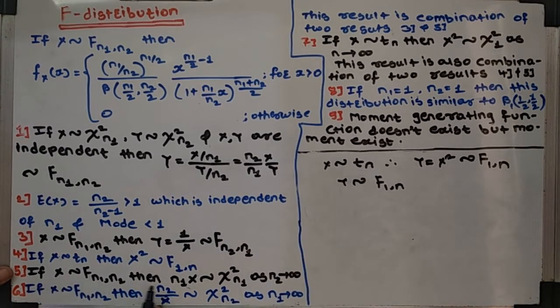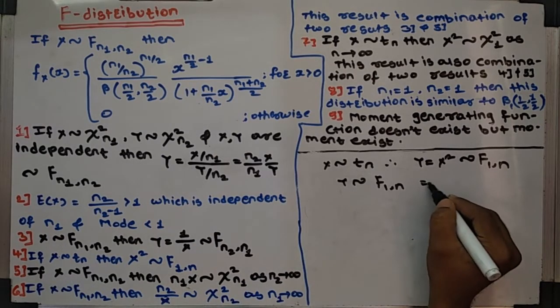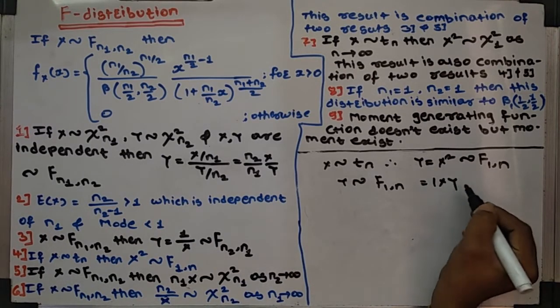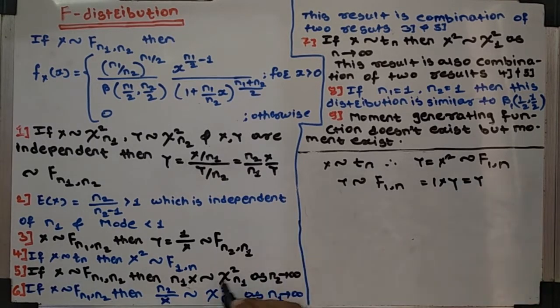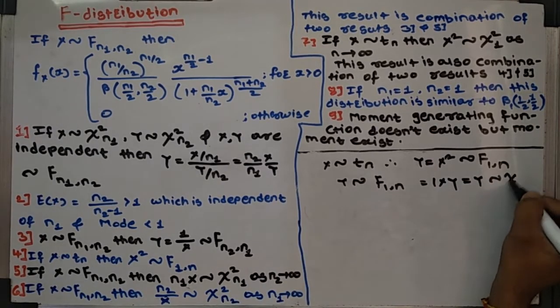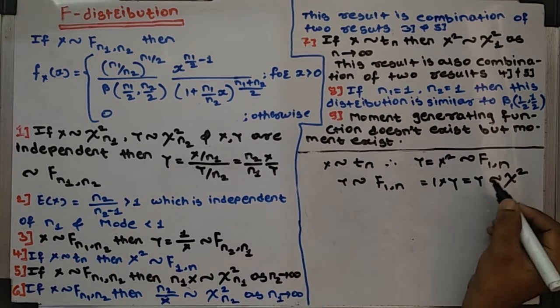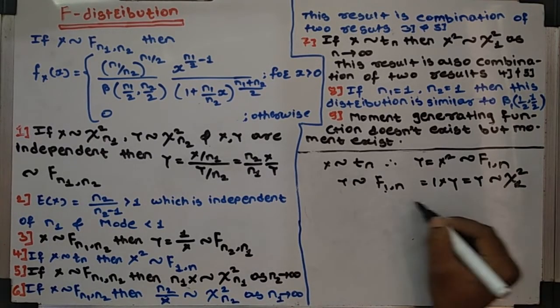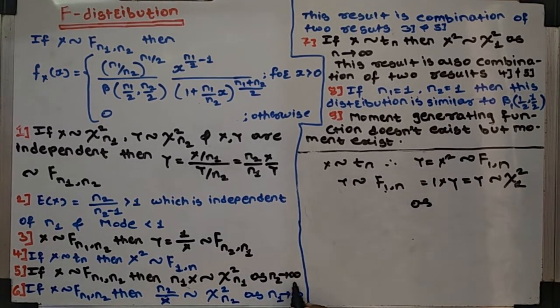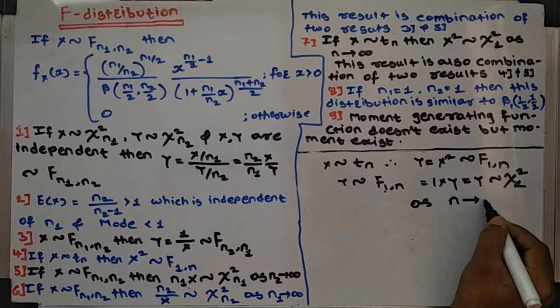Then from the fifth result, n1 into x, that is first parameter into this random variable, here first parameter is 1 into random variable y, that is equal to y. This follows chi-square with first parameter, that is 1 degree of freedom, as the second parameter tends to infinity, that is n tends to infinity.